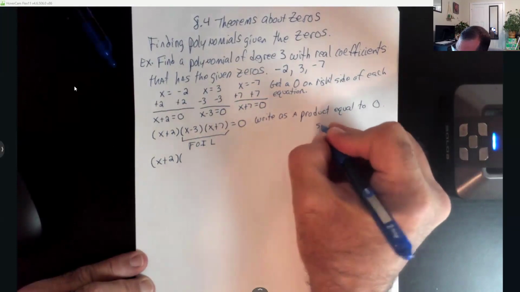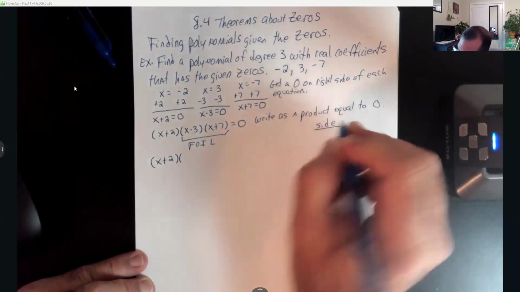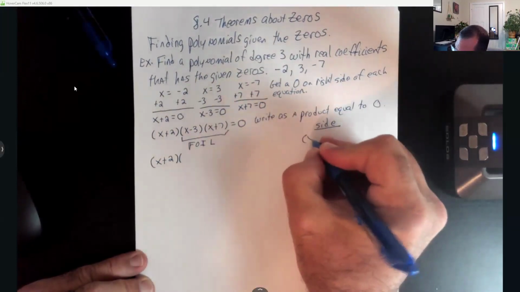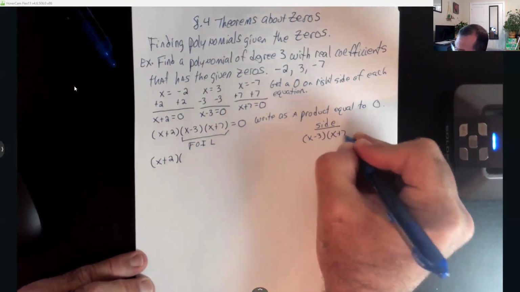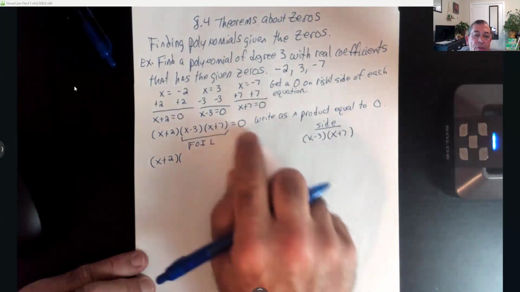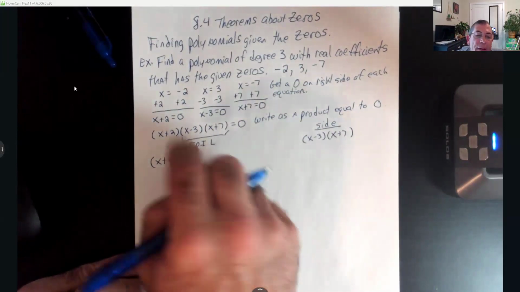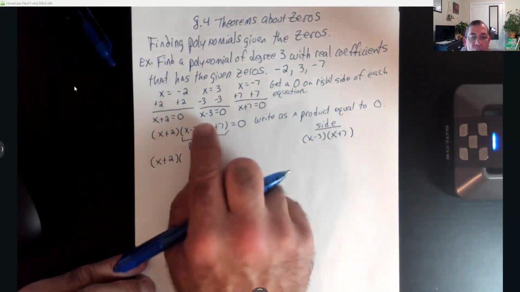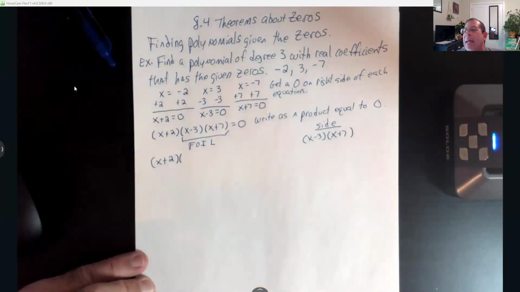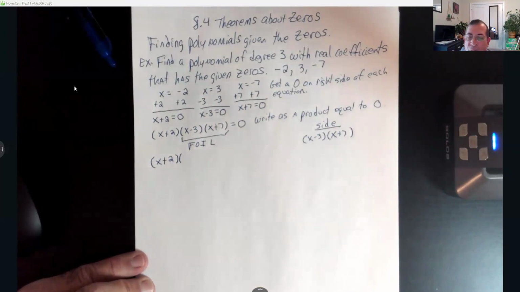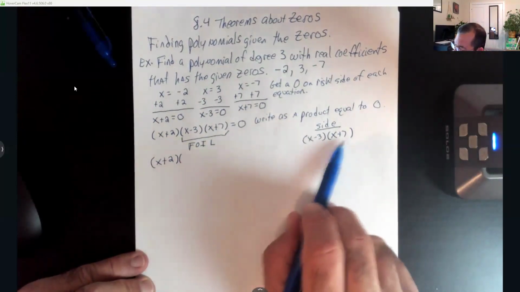Now over here on the side, I'm going to figure out what x minus 3 times x plus 7 equals. So I'm foiling 2 of these at a time. Now you can do the first 2, you can do the last 2, you could have foiled the first and the last. It doesn't matter what 2 you foil first, okay? So let me foil this real quick.